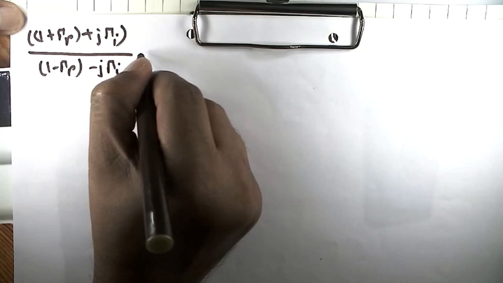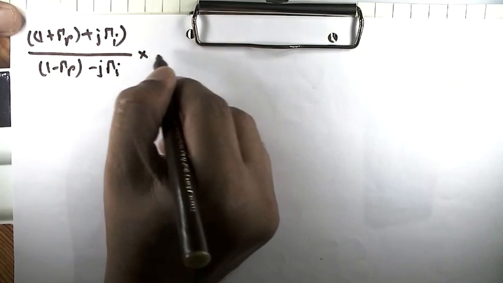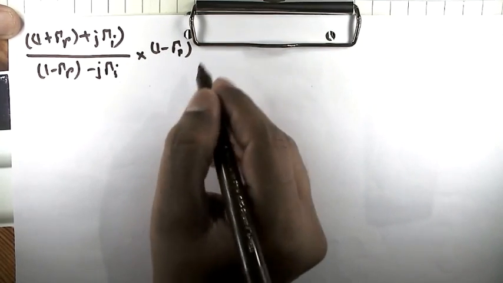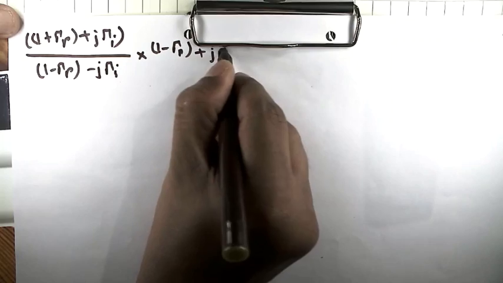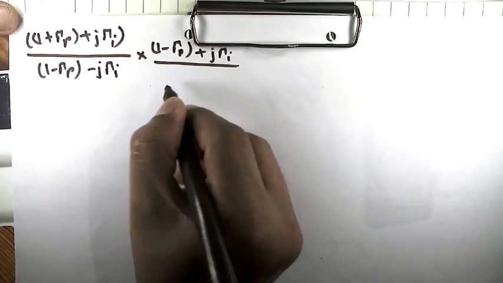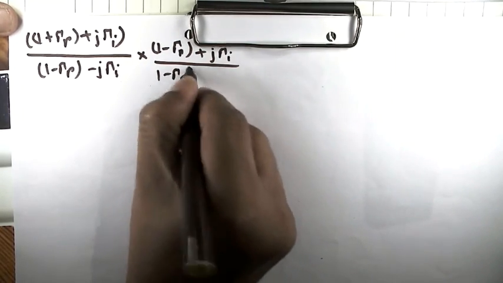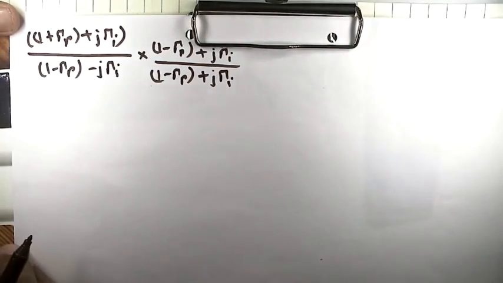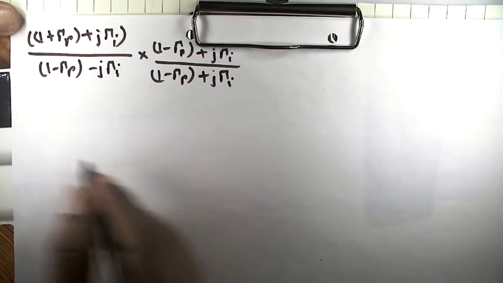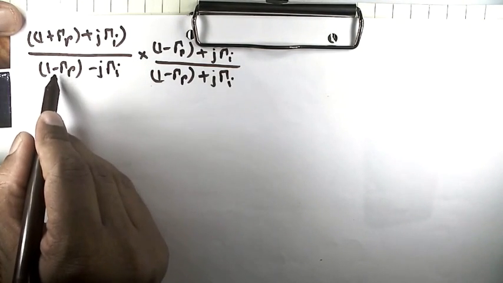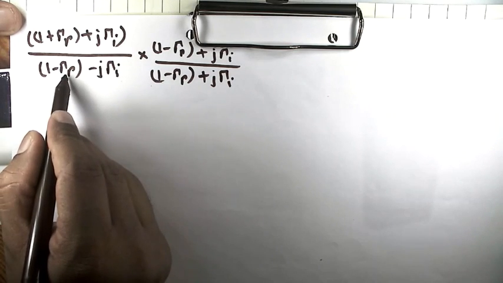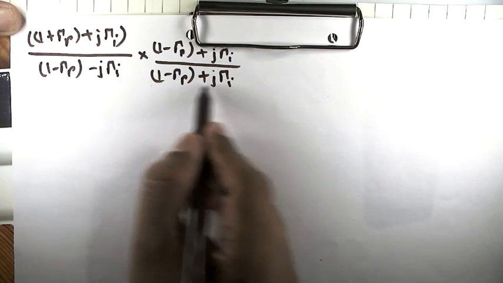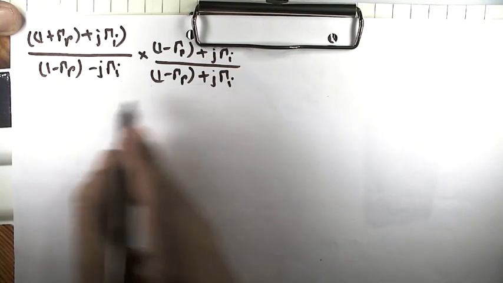So for that, let us multiply by 1 minus sigma r plus j times sigma I over 1 minus sigma r plus j times sigma I. If 1 minus sigma r is equal to a and sigma I equal to b, then it is nothing but a minus jb times a plus jb, so it will become a square minus b square.